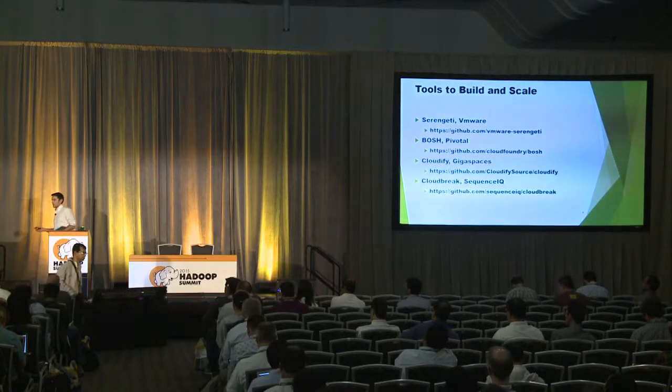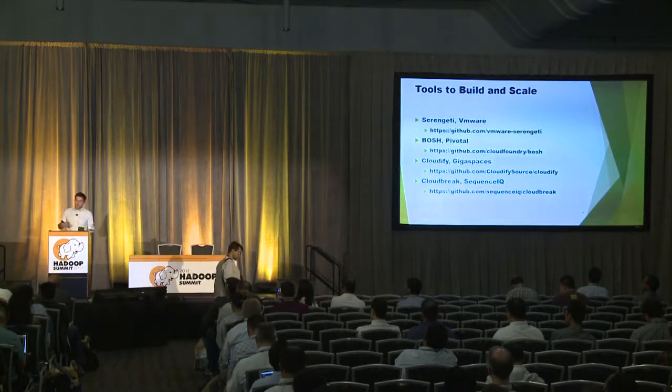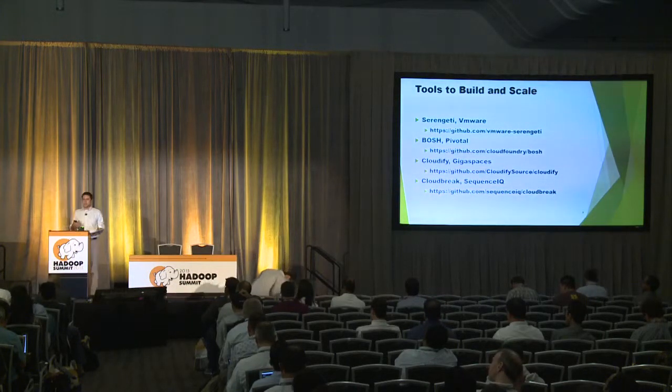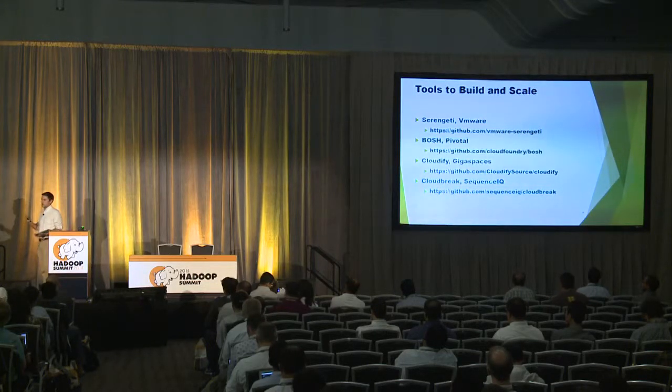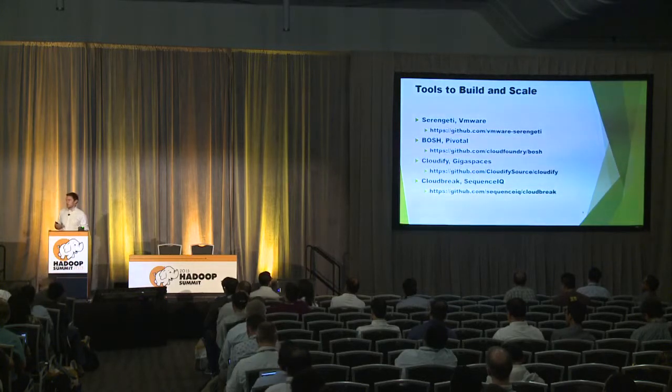So with BOSH, which is from Pivotal, which was derived from Cloud Foundry, because Cloud Foundry is a distributed system in itself, but didn't have a tool to actually deploy itself and its services and components across infrastructure, that's where BOSH came from.